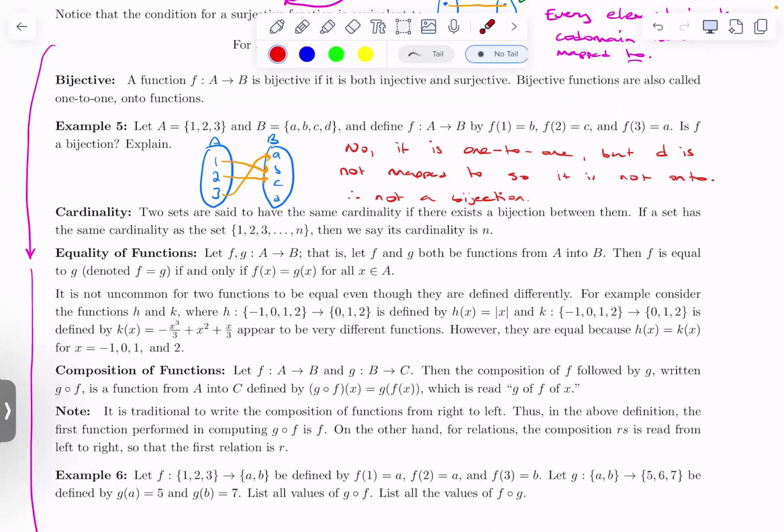If a set has the same cardinality as the set 1, 2, 3 to n, then we say its cardinality is n. What's interesting is this is actually technically how we count things, right? If I have to count how many handouts I have in the set of handouts, I would be mapping from our number system, right? 1 goes to the first one, 2 goes to the second one, 3 goes to the third one, and so on and so forth.